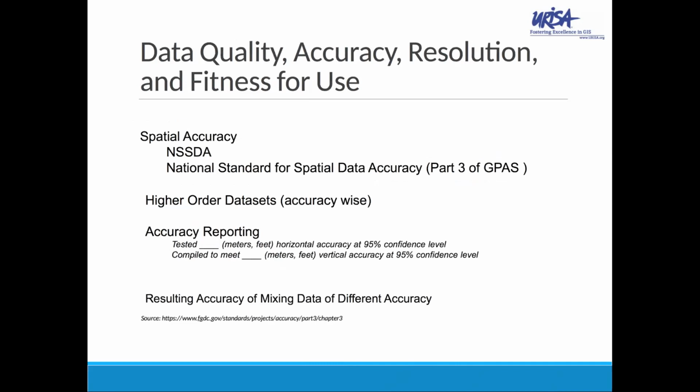When talking about data quality, accuracy, resolution, and fitness for use, the gold standard that we currently have is the National Standard for Spatial Data Accuracy. If you download it, I think it's a 30-page PDF, including a number of appendices.